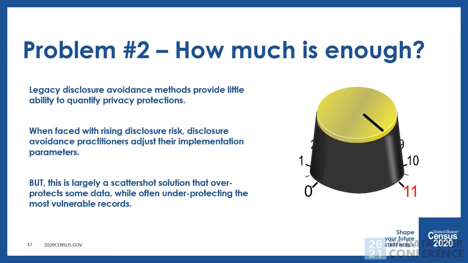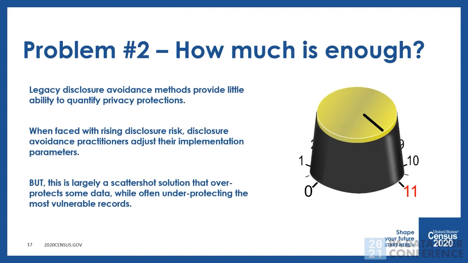Which brings us to another problem, and that's that traditional approaches to disclosure avoidance provide very little ability to quantify or measure privacy protection or privacy risk. They rely largely on expert assessment and subjective assessments of how large the risk is and how sufficient your protections are. And when you're faced with rising disclosure risk over the years, disclosure avoidance practitioners would have to adjust their implementation parameters.